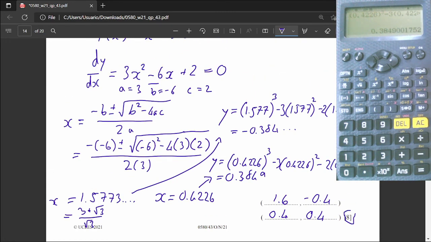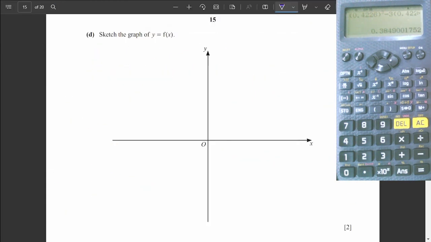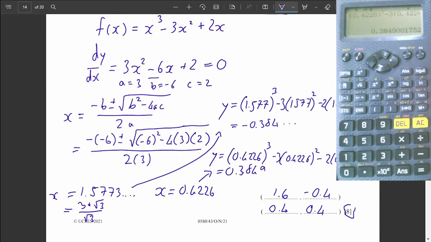Well done. Question 9D, it tells us to sketch y equals the function of x. So if you've been struggling with the previous questions and you can just draw a basic cubic graph, you already got 1 out of 2 there. But since we're getting everything right, we need to look at the information we have.